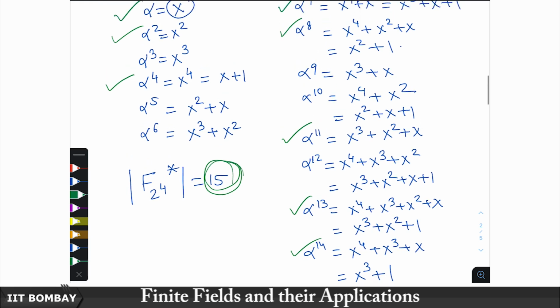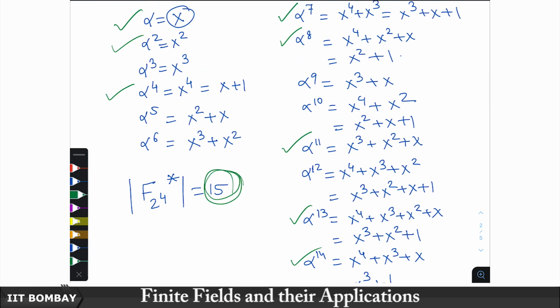So, in this case, if you take x, once you put this element alpha equal to x, you will get that. So, not only that, all these 8 elements which are tick marked here, these are primitive elements. So, you can say that this same field can be obtained by adjoining any of these elements. Not only that, you can also adjoin alpha power 3, though this is not a primitive element.